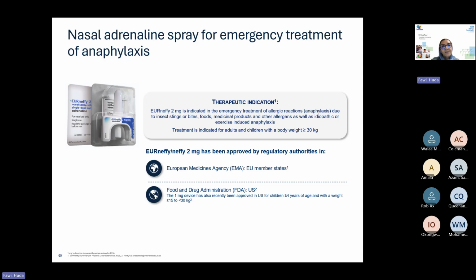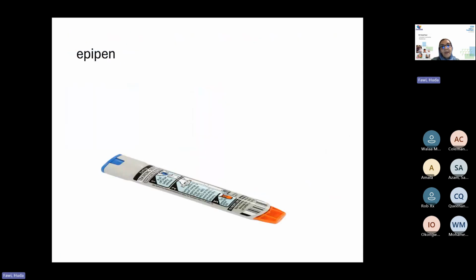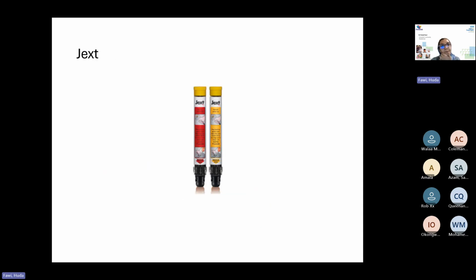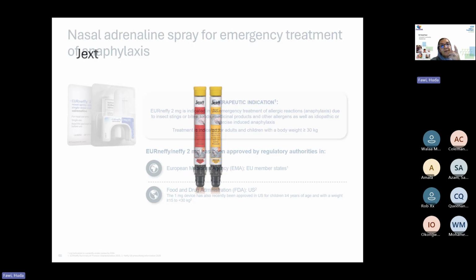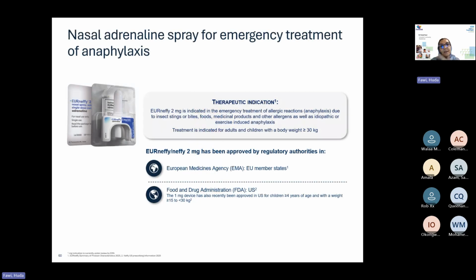Just back to the Jext and the EpiPen: if it is to be repeated in 5 minutes, you do the other side, not the same side, because there already will be vasoconstriction. In the Urinephy one, it's in the same nostril. Currently, it's indicated for adults and children with a weight of 30 kilograms.